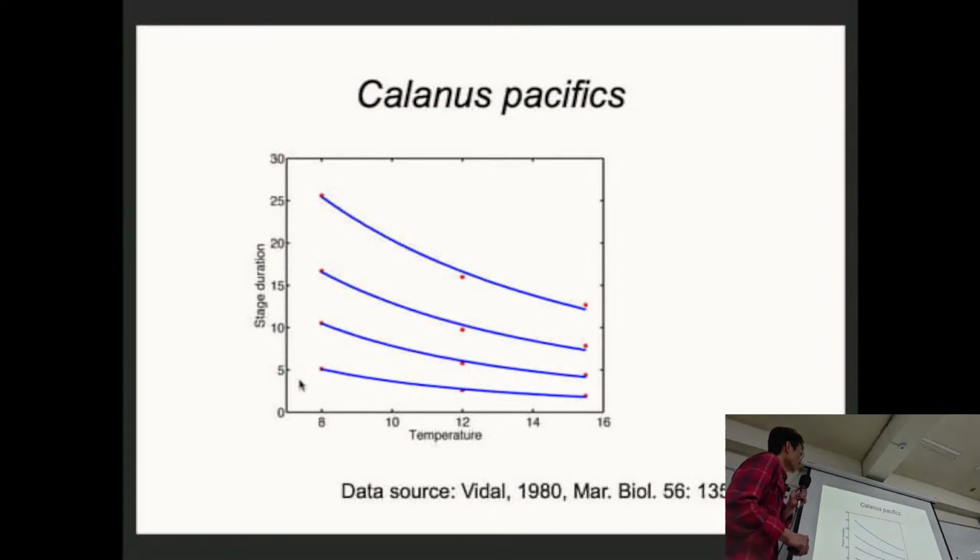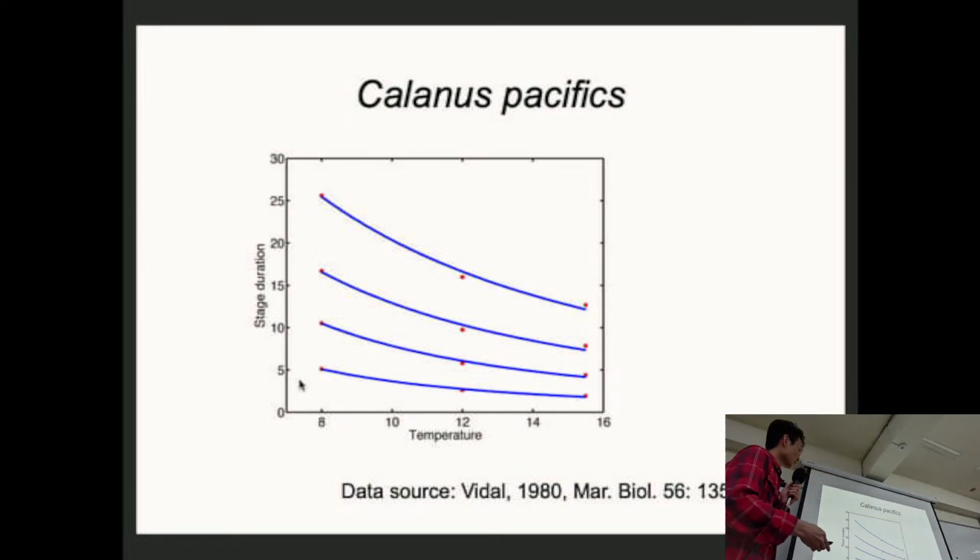So this is C1, C2, C3, C4. And the red dots are the data I provided on NTU Cool. The data is already there. Your homework is to find the blue line, independently for each stage, separately for each stage.